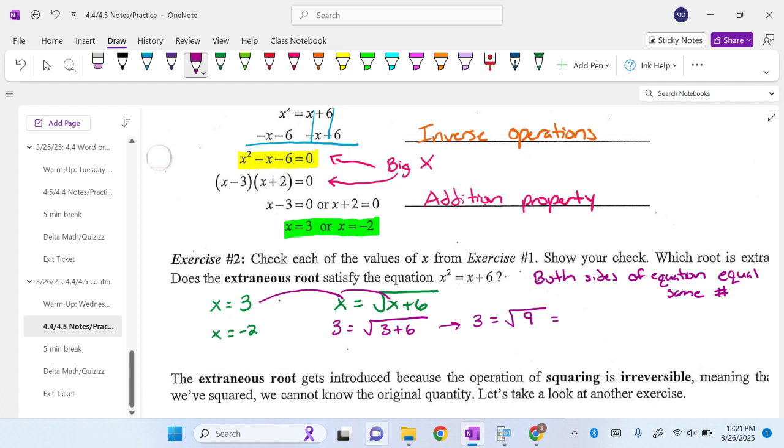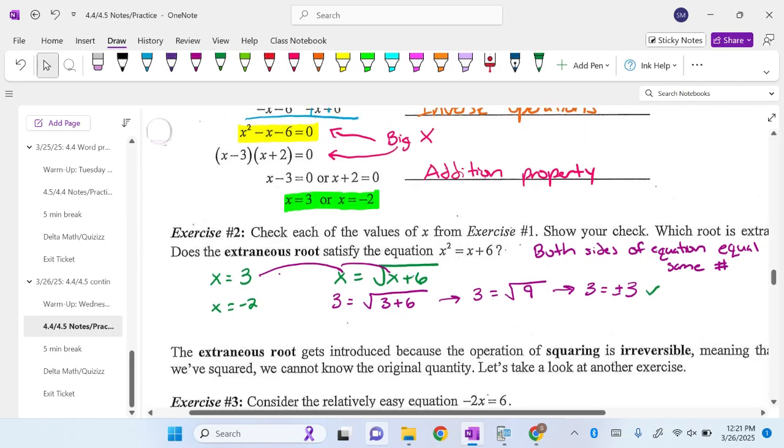So this would be 3 is equal to plus or minus 3. Now, since the positive is in that expression, this is a solution, because the plus or minus contains the type of 3 that we want.